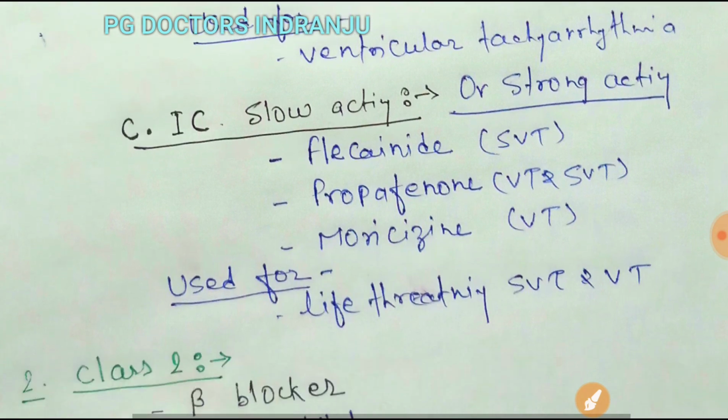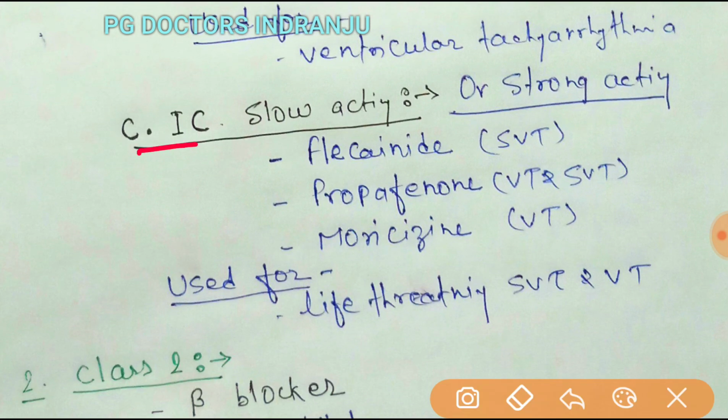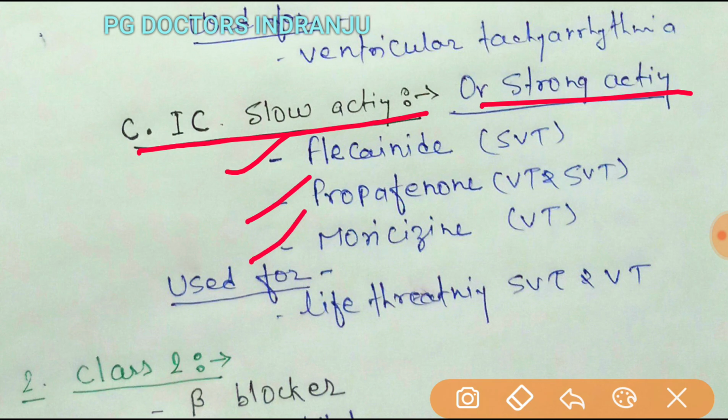Next is 1C, which is slow acting or strongest acting. It includes flecainide, propafenone, and moricizine. Flecainide is used for supraventricular tachyarrhythmia.